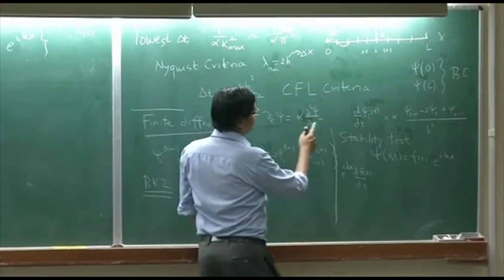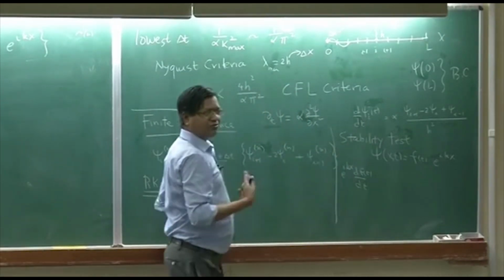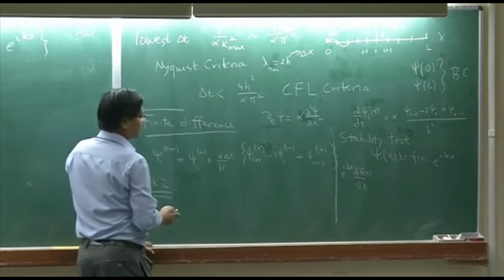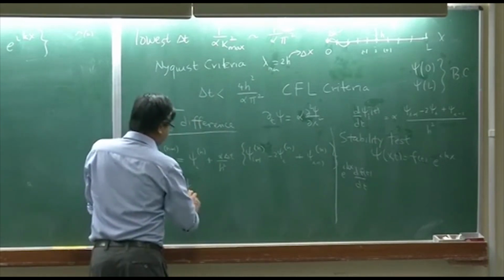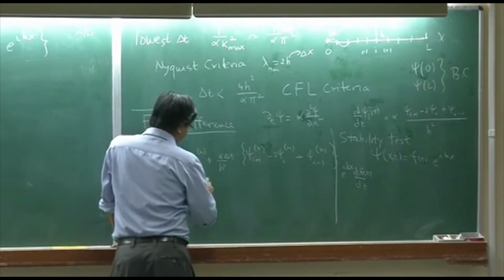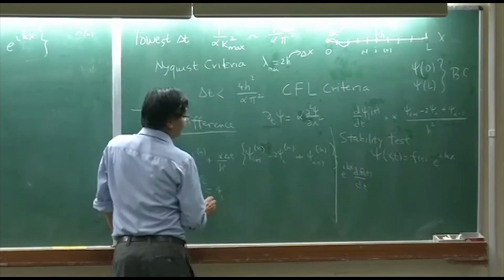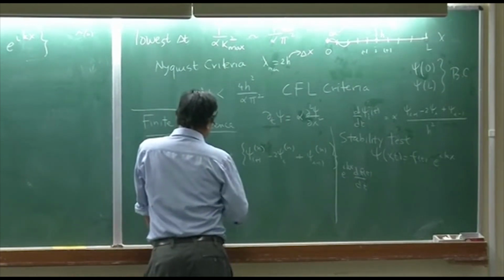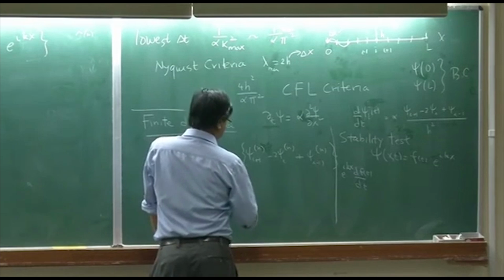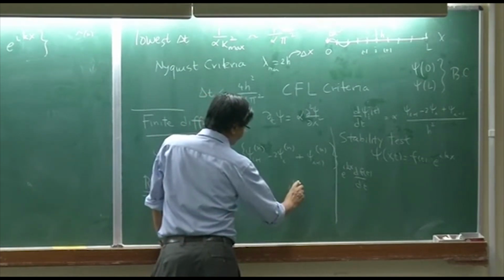So I converted it to this equation. So what is the Runge-Kutta second order? So psi i at the midpoint, n plus half, will be psi i at n plus alpha by h squared, all that at n, times delta t by 2.